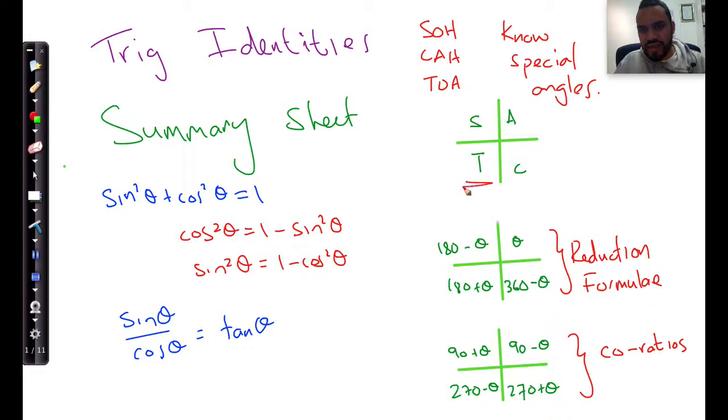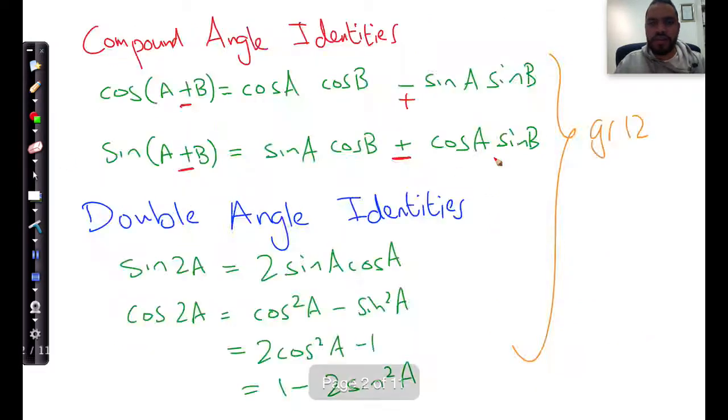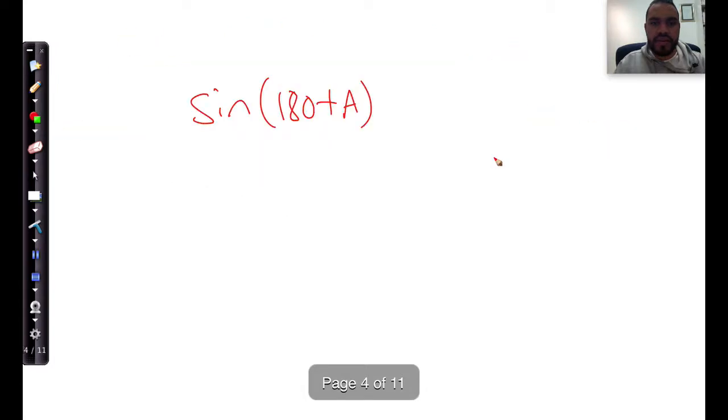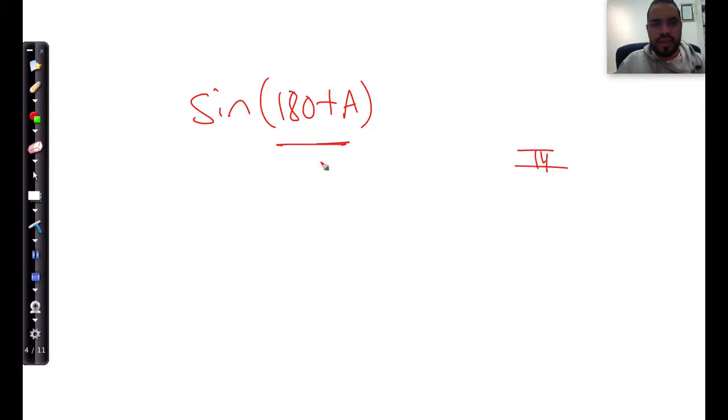Sine in this quadrant happens to be negative because only tan is positive in that quadrant. So let's go back here. 180 plus a is third quadrant. In the third quadrant, we find sine is negative, so it becomes negative sine of a, okay, in terms of the acute angle.